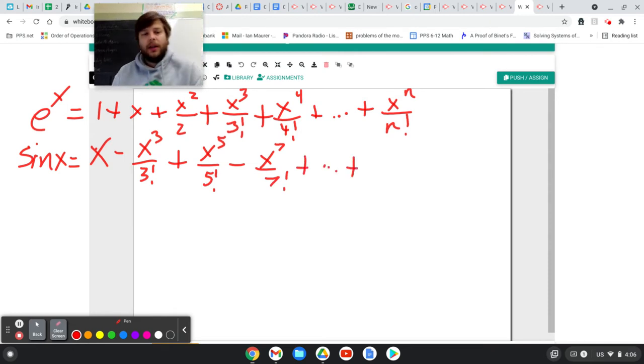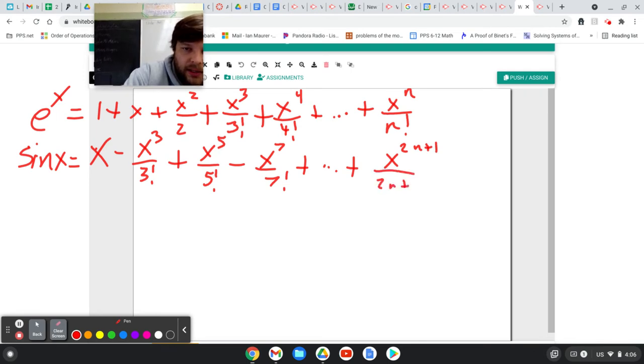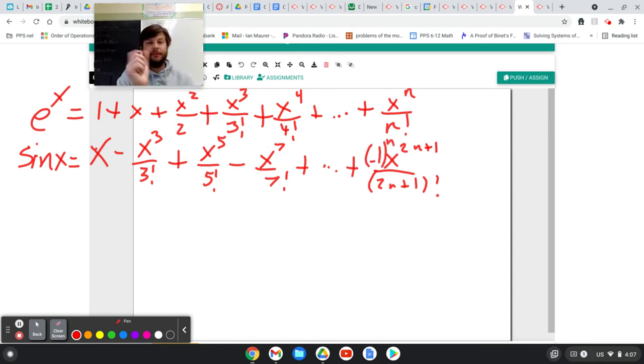What we're seeing is that there is an odd power, and the value on the bottom is also odd, and it's a factorial, and we have an alternating sign, so it alternates back and forth from positive to negative. You really don't need to worry about that general term that I wrote on the end. What I want you to think about is just notice how they're kind of similar. e to the x has all the powers and they're all positive. Sine of x has all the odd powers and it switches from positive to negative.